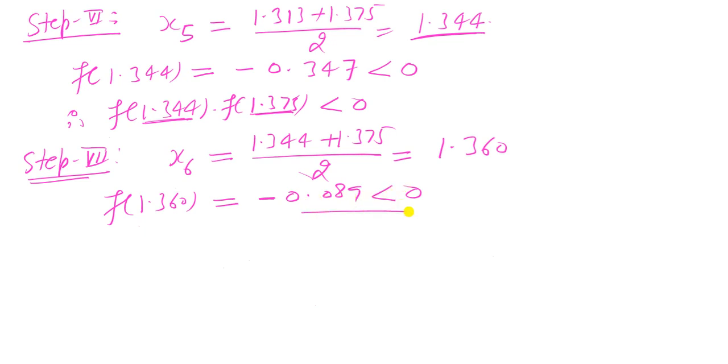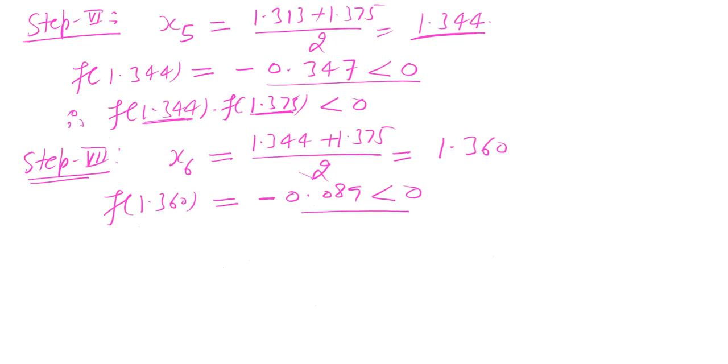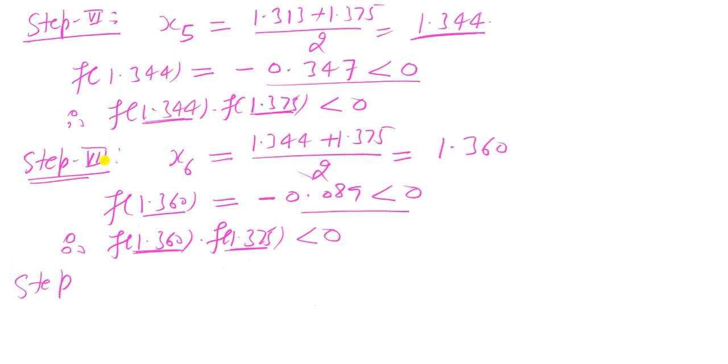In the previous step, that is step 6, this functional value is negative. Now in step 5 this functional value is negative, but in step 4 this functional value is positive. So now the root is lying between 1.360 and 1.375. So therefore f(1.360) into f(1.375) is less than 0. So now the root is lying between 1.360 and 1.375.